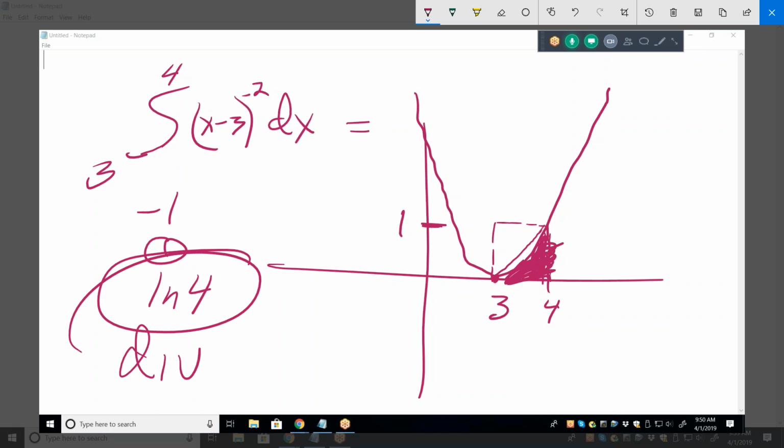Now, why were we not able to solve that integral? We just have a couple minutes here, so we might as well stay on this one.